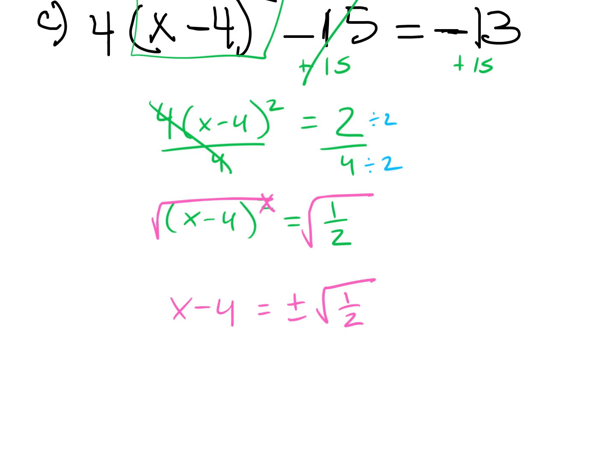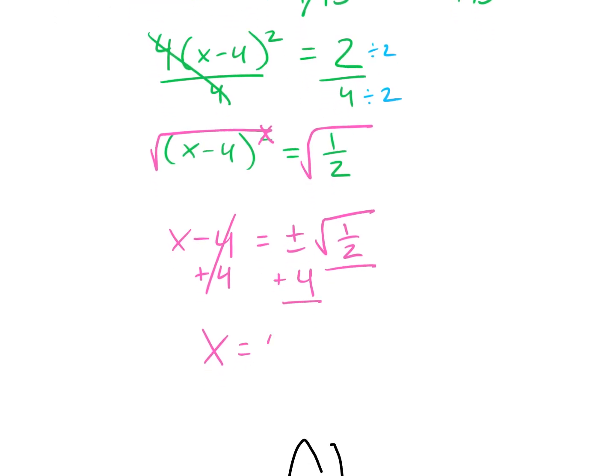What would I do next? Add 4. Always check to see if you can simplify your radical. Here we can't simplify because we can't take the square root of 2. So x is equal to, can I combine 4 and the square root of 1/2? Are they like terms? No. So it'd be 4 plus or minus the square root of 1/2.